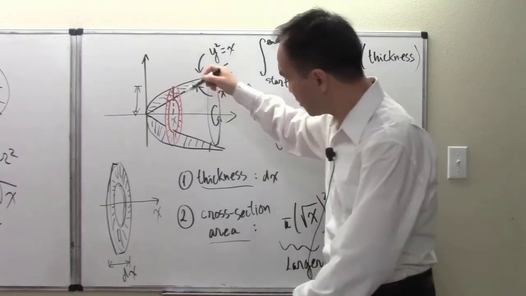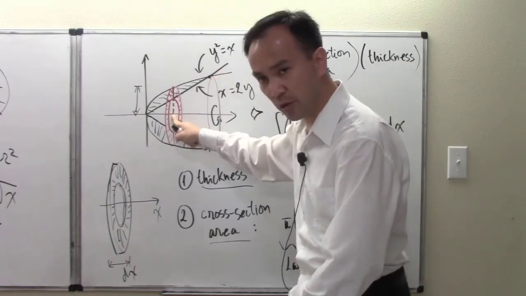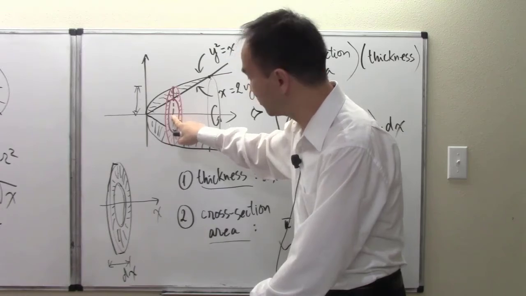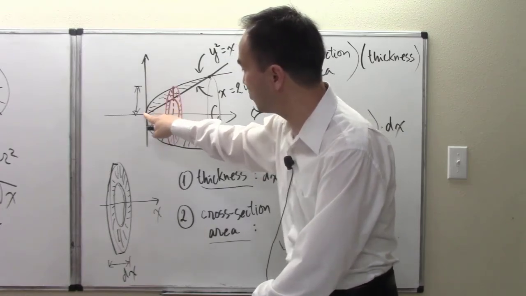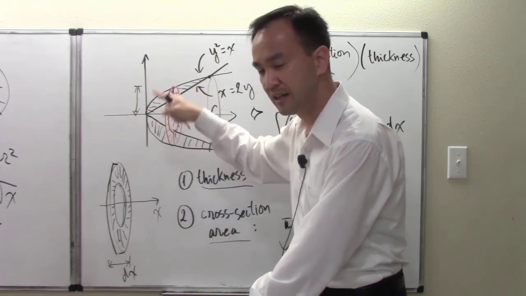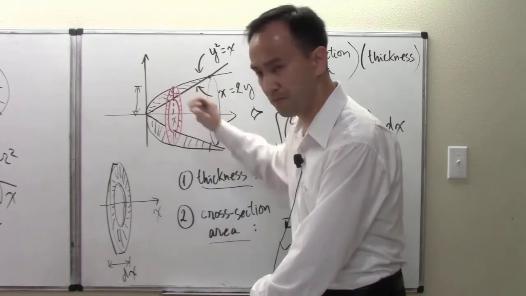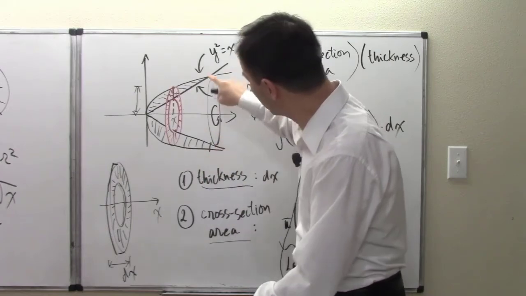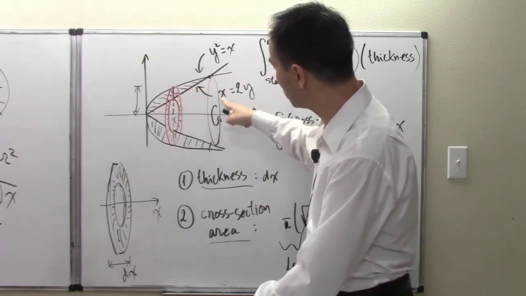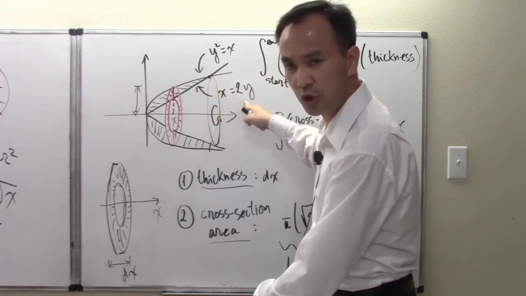So the inner circle is from the axis of rotation reaching to the closer curve, whichever of the two curves is the closer one. That's the curve giving the inner circle. So the closer curve in this case is that straight line, and I had that note right here, this straight line is x equals 2y.